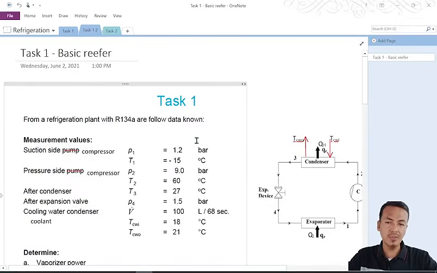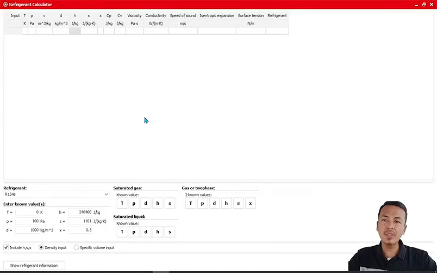This is the condition of the evaporation, or before the compression. Okay, back to the calculator here. The condition after evaporation should be superheated vapor of refrigerant, because R134A at minus 15 degrees Celsius at 1.2 bar should be in a superheated condition. So we will use this calculator.